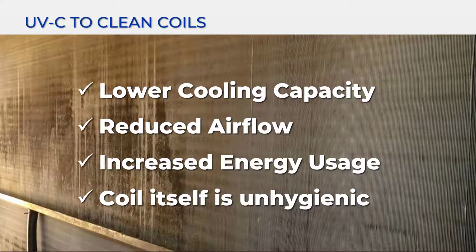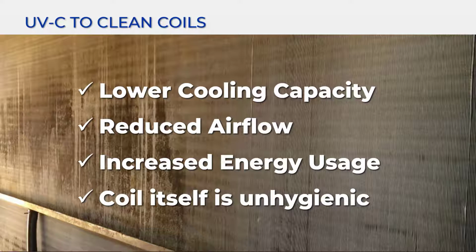Now, the theory is that UVC light is directed onto the coil surfaces, and this will prevent microorganisms from growing on those surfaces. It requires less energy to deactivate microorganisms on the surface of the unit, thus making it a very cost-effective option. However, only the air that touches the surfaces of the coil hit with the light will be disinfected.